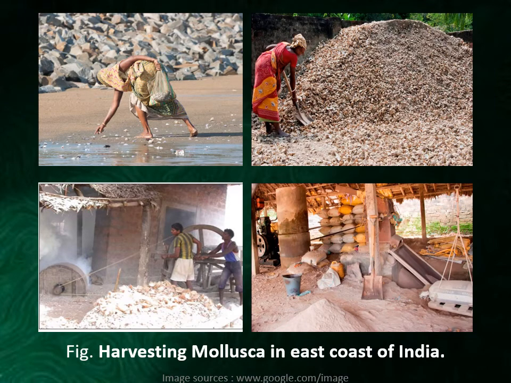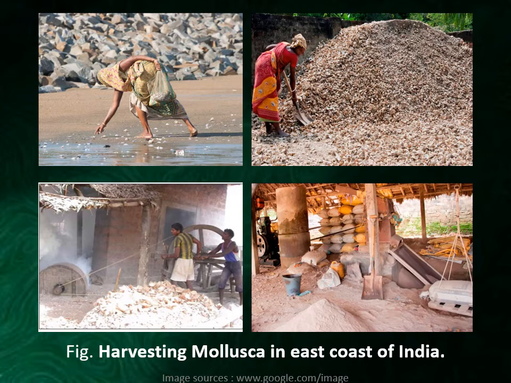On the Indian coast, you often find these kinds of pictures, of poor people collecting lots of shells of bivalves and gastropods, that is marine mollusks. They are distributed all along the marine beaches. Here you can see one woman collecting the shells of mollusks distributed on this beach.